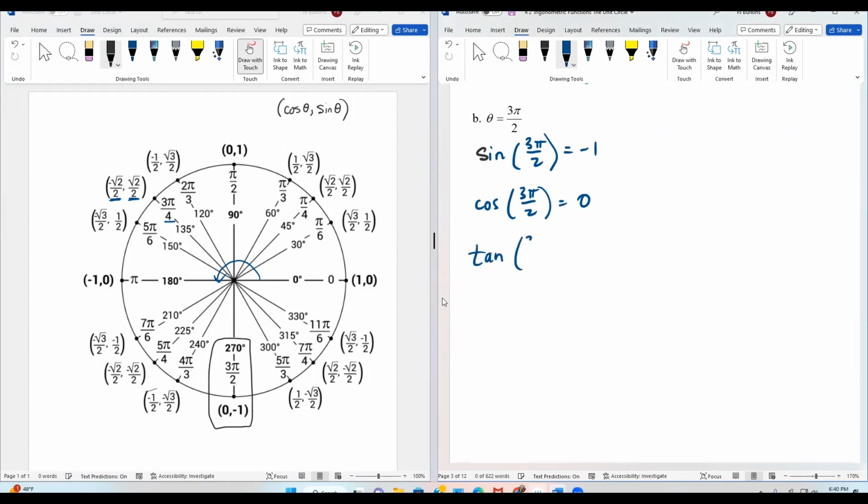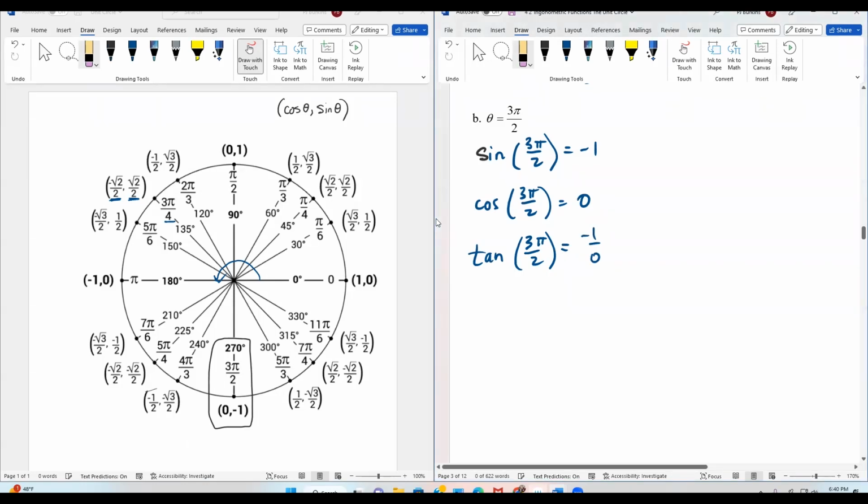Tangent is the y coordinate divided by the x coordinate, which we've already seen. So negative 1 divided by 0 is going to give us undefined, because we can't divide by 0. Then we have cosecant, which is 1 over the y. So that's 1 over negative 1, or negative 1.